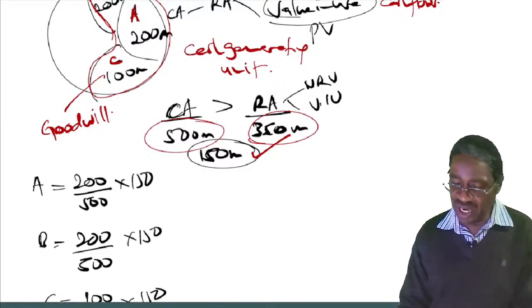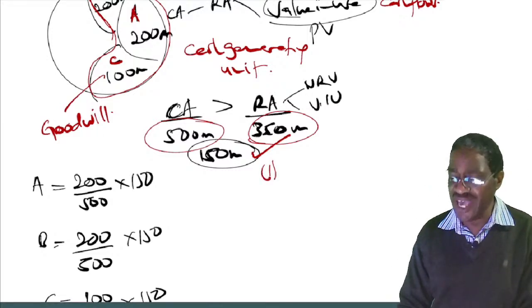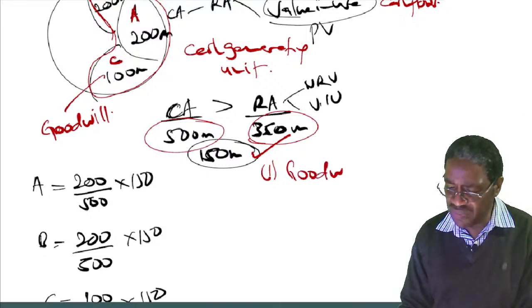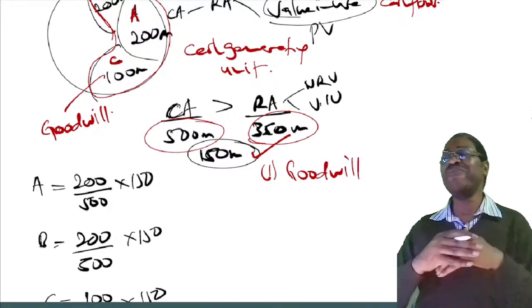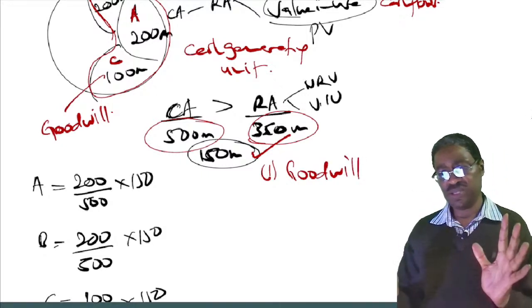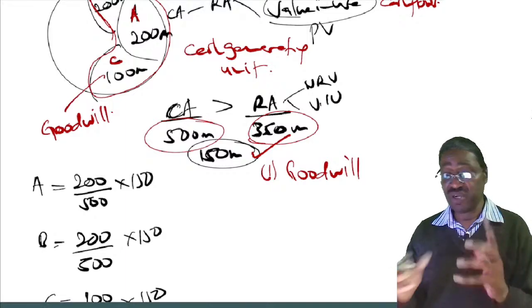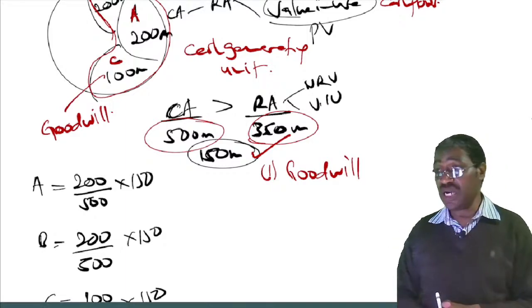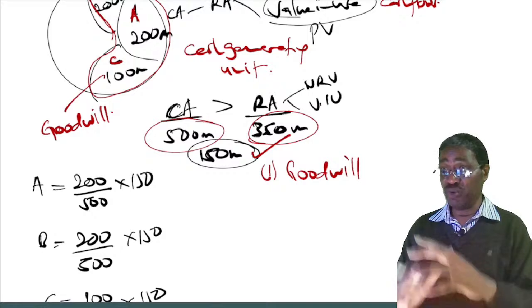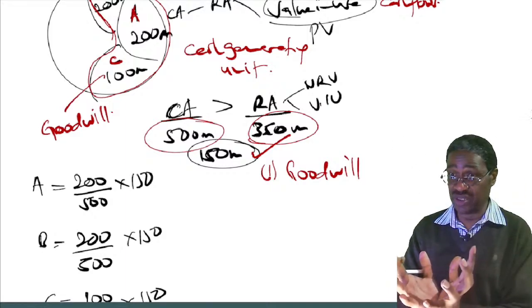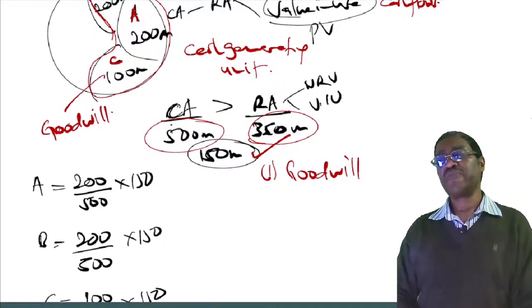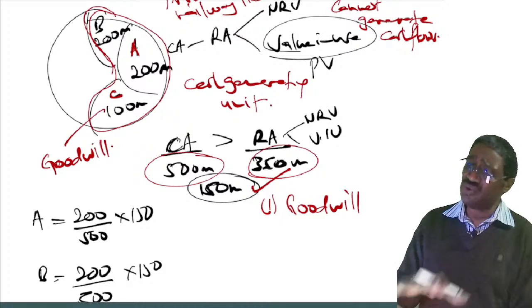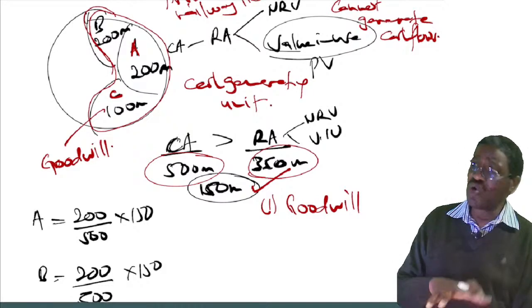What is the order? You are first required to write off any carrying amount of goodwill. First, eliminate the goodwill. That is number one. For example, in our case here, the loss was 150 for all the assets in the unit. But one of our assets in the unit is goodwill, and it has a carrying amount of 100.